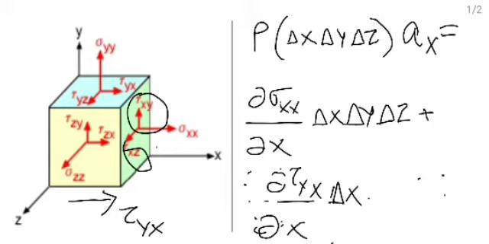delta x, it acts on a cross-sectional area. Now, how it varies, there is another thing too. By delta x into delta x, it acts on a cross-sectional area.